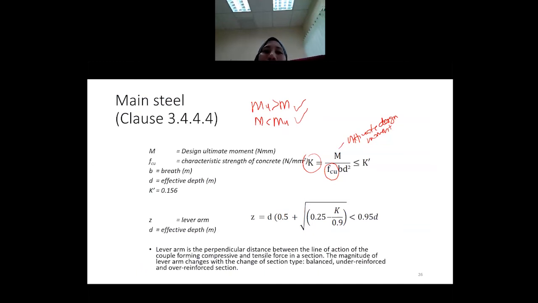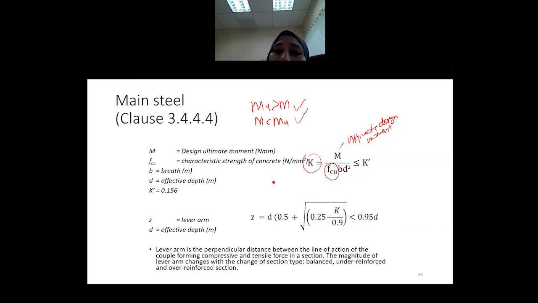So FCU ni adalah concrete strength. Okay, so B adalah breadth and D adalah effective depth. So nanti kita akan tengok yang mana satu B, mana satu D. I akan explain balik lagi. Okay, so that is for K, the coefficient.